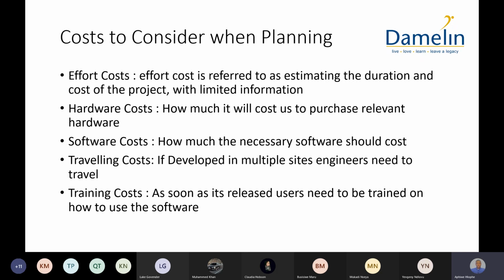And training costs, as soon as it's released, users need to be trained on how to use the software, okay? So as part of launching the project, you need to facilitate training workshops. And obviously it's something, booking a venue, there's other catering things that you may need to do, and money needs to be paid for all of those things. So all of these details need to be there.